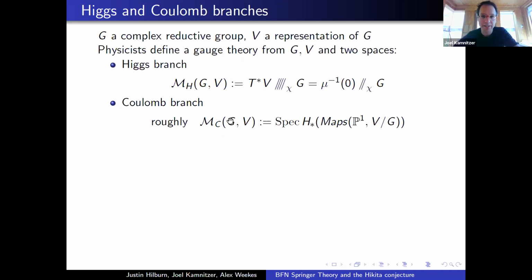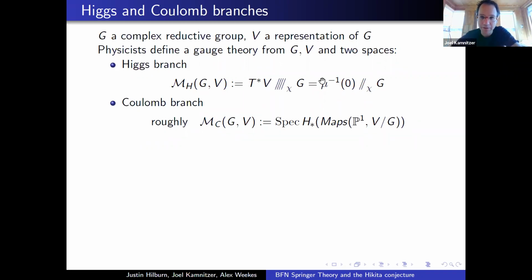The Higgs branch has a relatively simple definition for mathematicians, even for physicists. We take V, we take its cotangent bundle. Since V is just a vector space, that just means we take its direct sum with its dual space. And then we take the hyperkähler reduction of this cotangent bundle by G, or by the compact form of G, which is the same as the complex symplectic reduction of this cotangent bundle by just G.